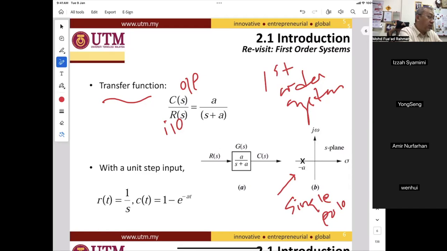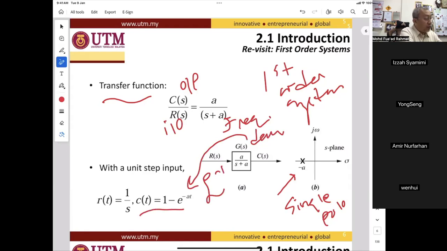So this is the frequency domain transfer function. When we inverse Laplace, we get the expression of the output in terms of time, which is 1 minus exponent minus AT if we give step input 1 volt, 1 volt peak to peak.